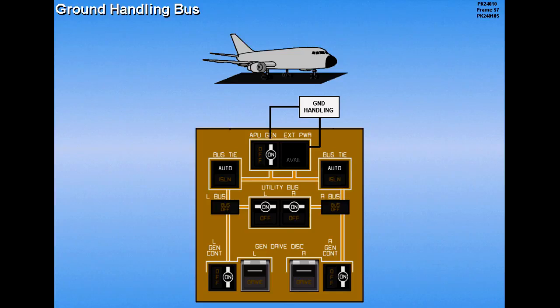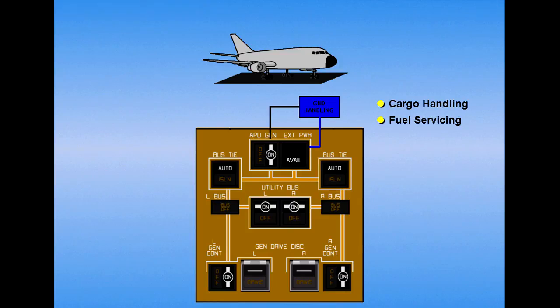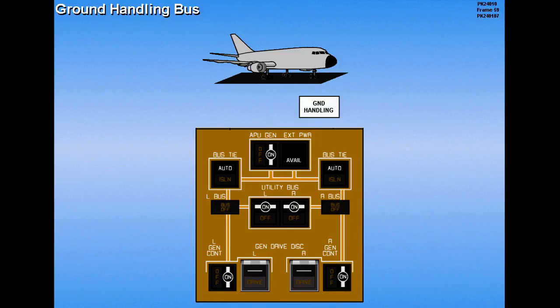During ground operations, the ground handling bus is powered only by the APU generator or external power. This bus supplies power for cargo handling and fuel servicing. The ground handling bus is powered when the external power available light is illuminated or when the APU generator is operating.